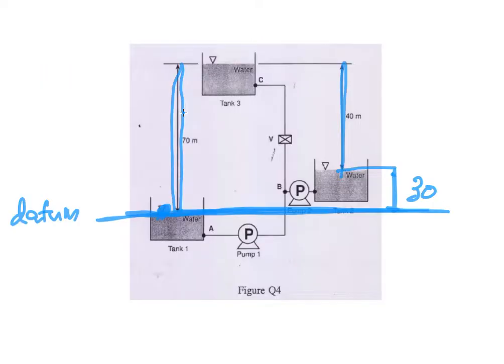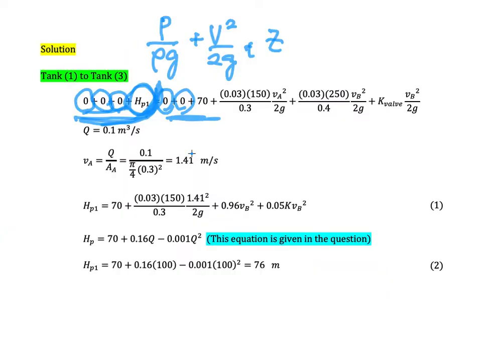So we assume that when the fluid goes from here up to here, the pressure gets back to atmospheric pressure, and then the velocity will end as a static molecule. And then the level here is 70 meters. So we could substitute into the equation with 0 pressure, 0 velocity, and the elevation exists.